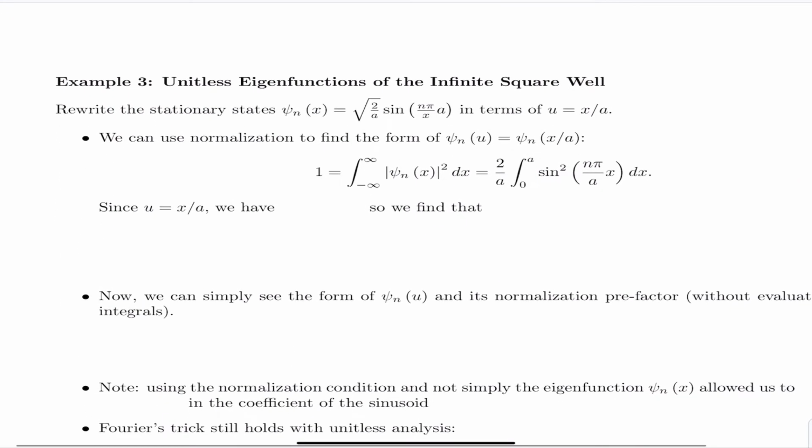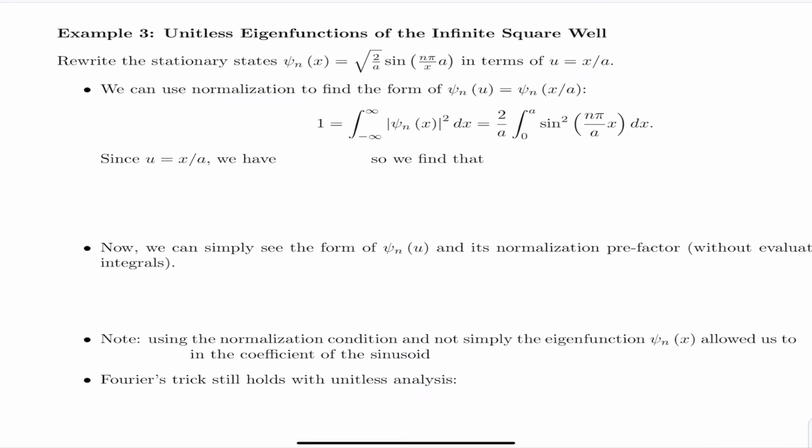In the next example, I'll use the normalization condition, and I'm going to rewrite the eigenfunctions of the infinite square well in this unitless form. Here's the nth eigenfunction for the infinite square well, and I'm using the normalization condition in this equation. And we have u being x over a, so that means du is dx over a.